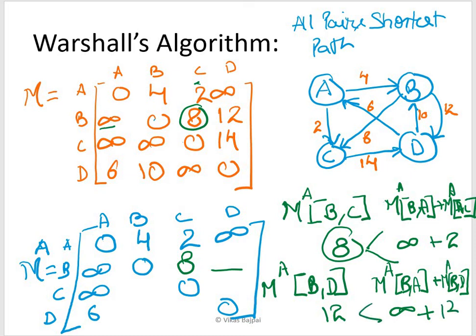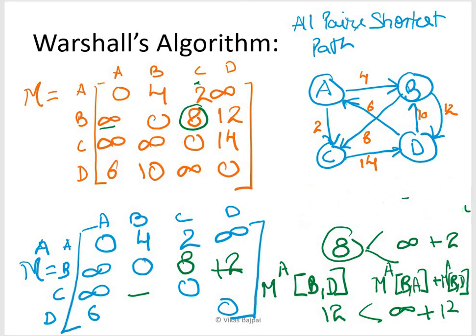Of course this is greater, so we'll keep it as it is. So this becomes 12. Now I need to look at this M of C, B. Let me make some space over here so that things will be much clearer.